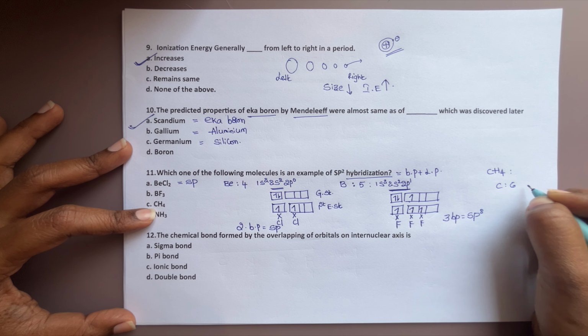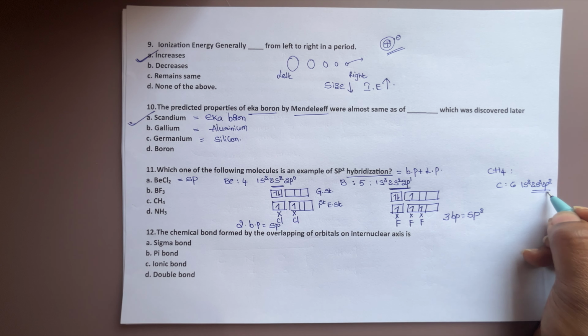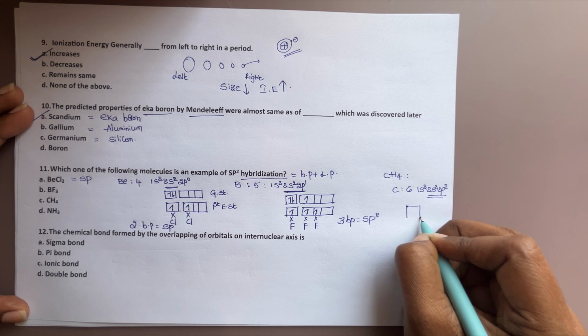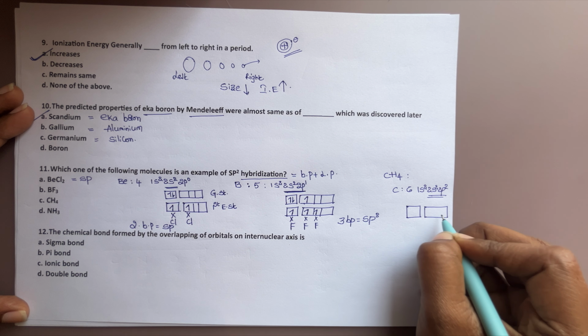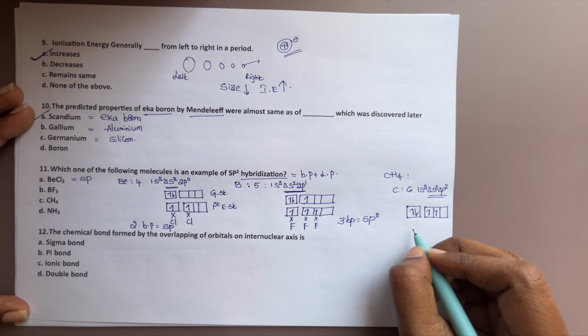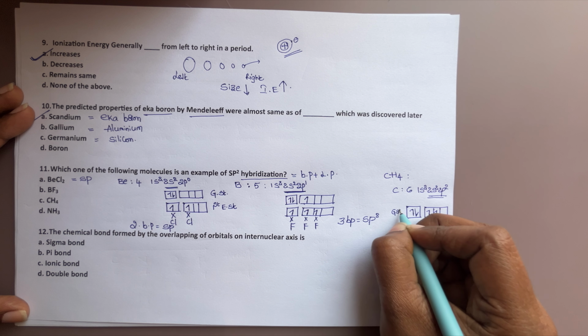Coming to CH4. Carbon has atomic number 6. 1s2, 2s2, 2p2. So the outermost is 2s2, 2p2. 2 electrons in 2s, 2 electrons in 2p. This is the ground state.